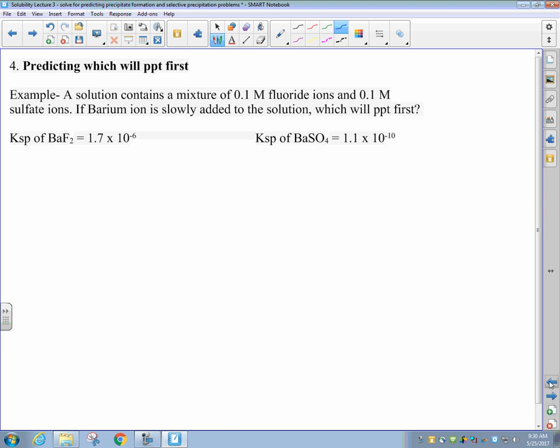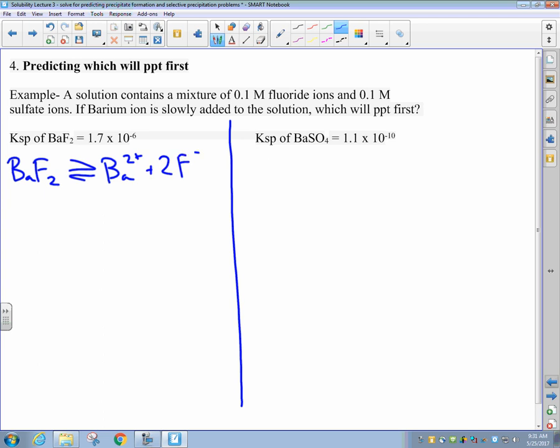All right, so we're going to divide our paper in half. We're going to write a chemical equation and a KSP expression for both of these substances. On the left, we have BaF2 in an equilibrium with barium ions and 2 fluoride ions. On the right-hand side, we have BaSO4 in an equilibrium with barium ions and sulfate ions.